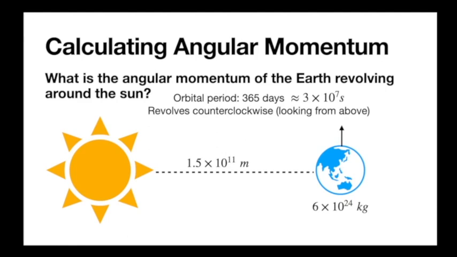So I can convert that into seconds, and I think that's 30 million-ish seconds. And then I'm telling us also the distance of the Earth from the sun is 1 times 10 to the 11th meters, and the mass of the Earth is 6 times 10 to the 24 kilograms. So with these 3 pieces of information, I can calculate the angular momentum of the Earth.